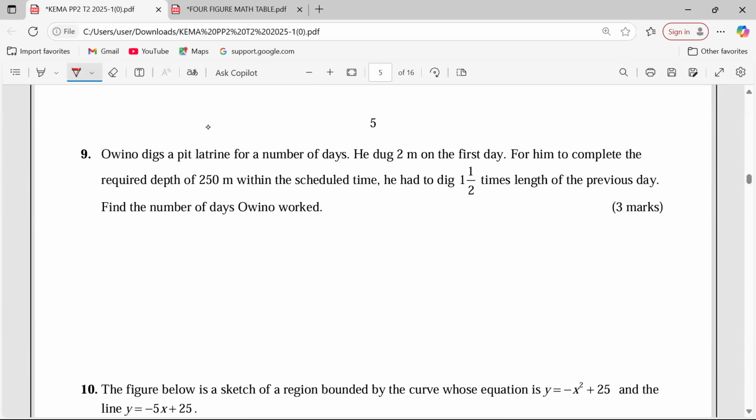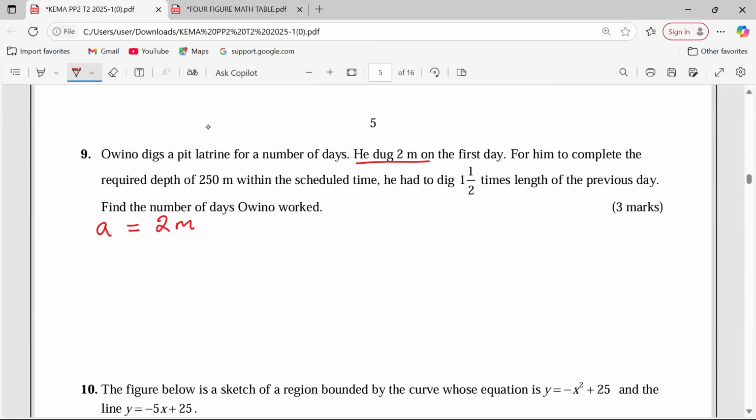Okay, now check this. We are supposed to know that this is a sequence question, or rather sequences and series. Now, on the first day, he dug 2 meters. So this now becomes our first length, which is the first term, 2 meters.